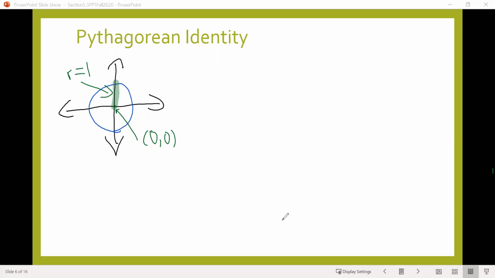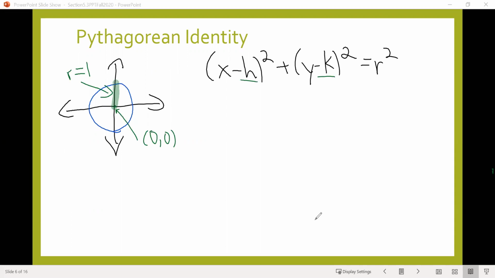And so recall that we learned in our first section that the general form for the equation of a circle is x minus h squared plus y minus k squared equals r squared. And recall that h and k, those values come from the coordinates of the center of the circle, so in this case they'll be 0 and 0.